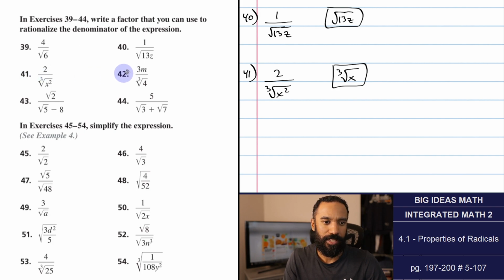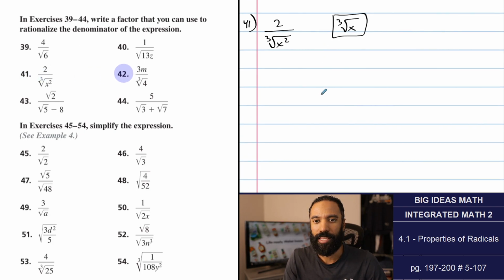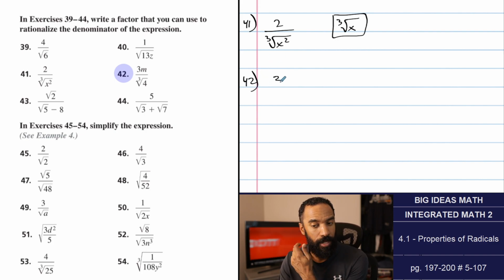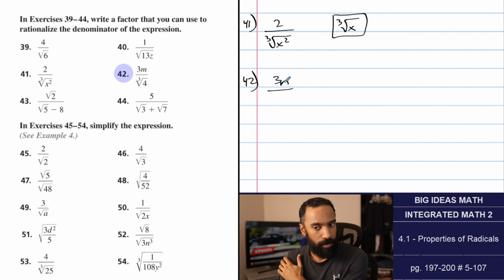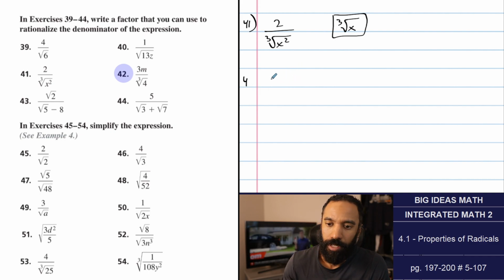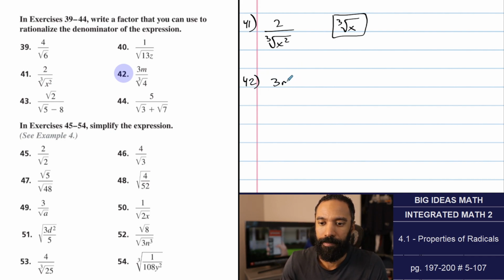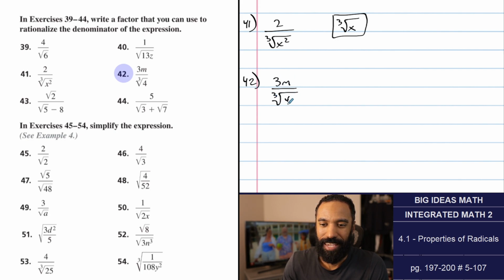And I think that leads into this next problem, number 42. And I think it's good we have these baby steps to start off with rather than everything else we have to throw into it. So 3m over the cube root of 4. The same thing here. I can't even copy the problem.